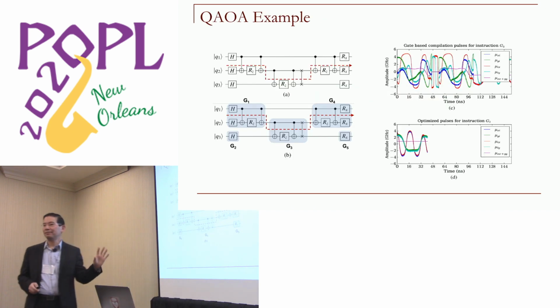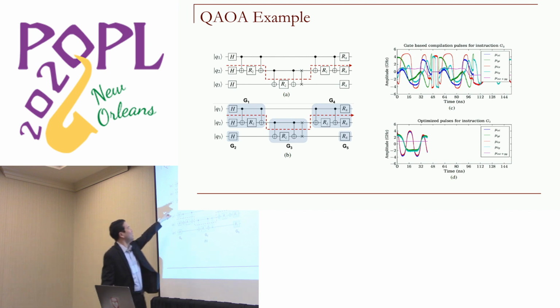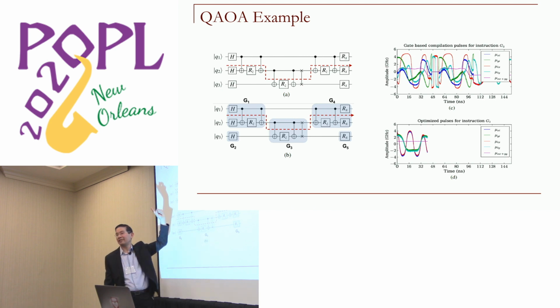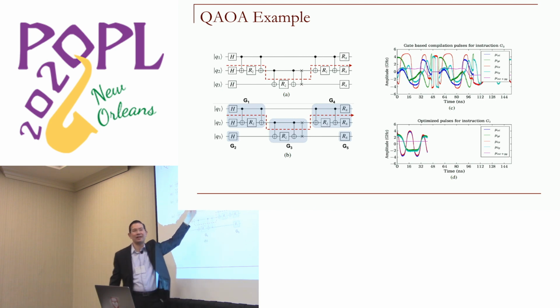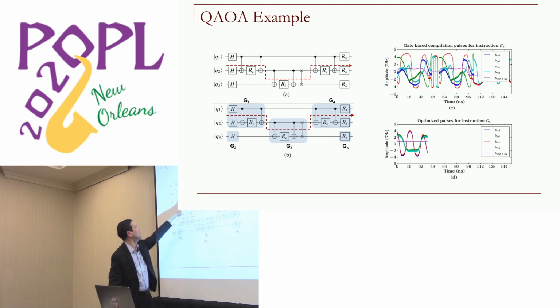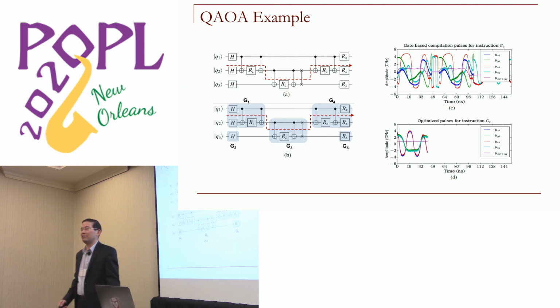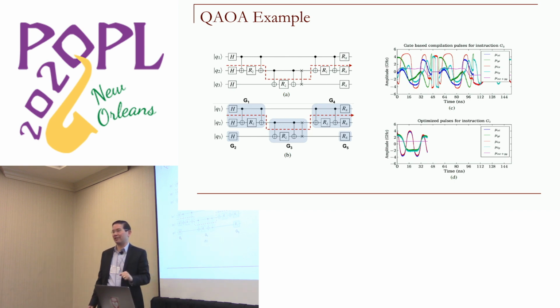So here's an example. Here's a quantum circuit. We've seen a little bit of this already. Inputs on the left, time goes left to right, outputs on the right. These things are single qubit gates. These things are 2-qubit gates that cross between. This is actually part of the quantum approximate optimization algorithm.